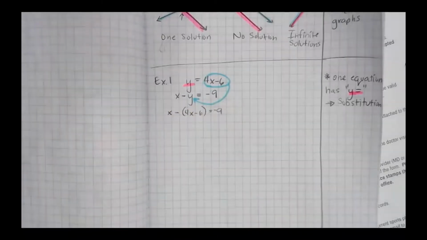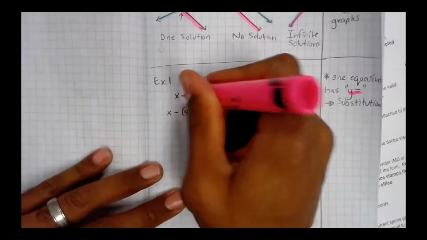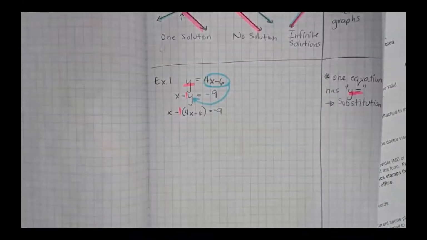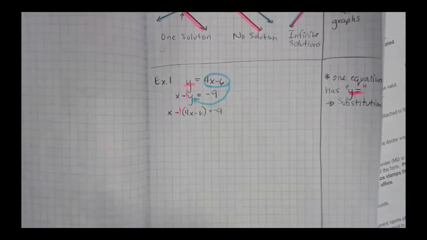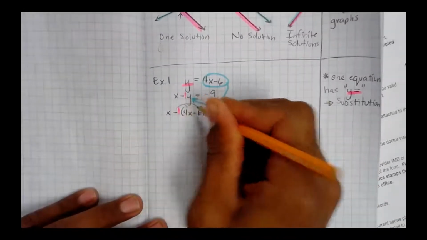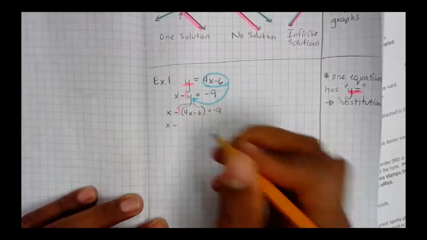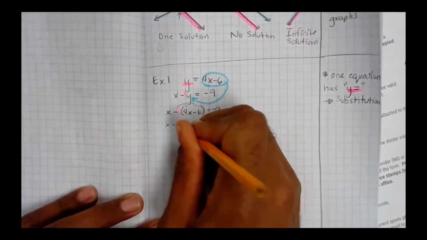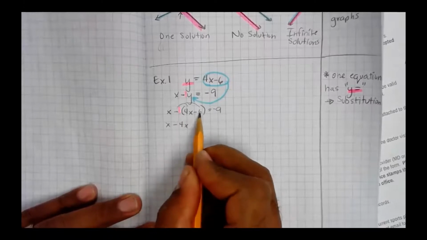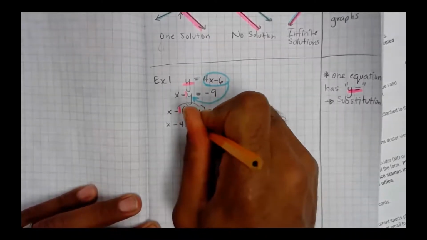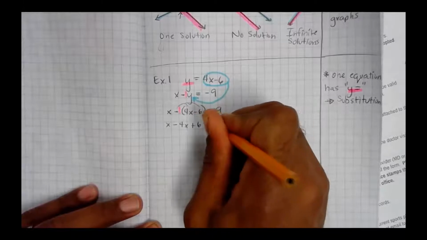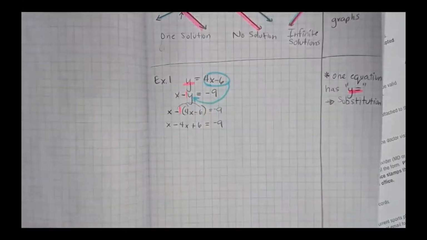We have a 1. So I'm going to write that in here because we have to distribute and multiply that negative 1. So negative 1 times 4x is minus 4x. Negative 1 times minus 6, that's plus 6, equals negative 9.